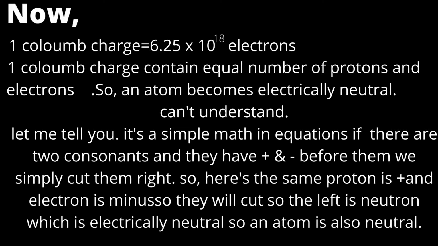If there are two constants and they have plus and minus before them, we simply cut them, right? So here it's the same. Proton is plus, which is positive, and electron is minus, which is negative. So they will cancel. So what is left is the neutron, which is electrically neutral. So an atom is also neutral.